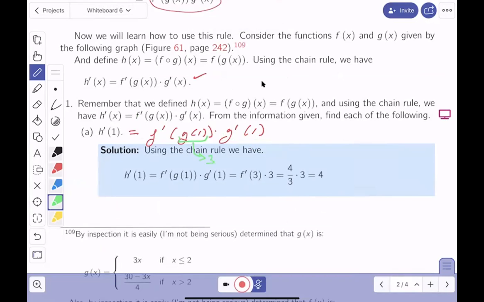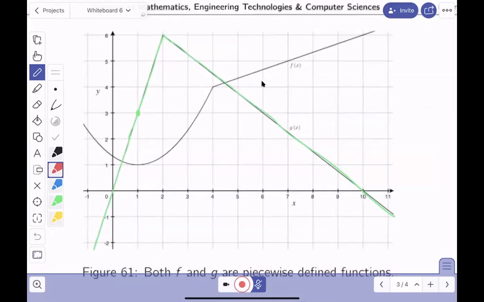So let me write that down now. So what do I got? I got f prime 3 times g prime at 1. So now what I got to do? I got to do f prime at 3 now. Let me see if I can do that. And I want to tell you what f is. F is this function here.